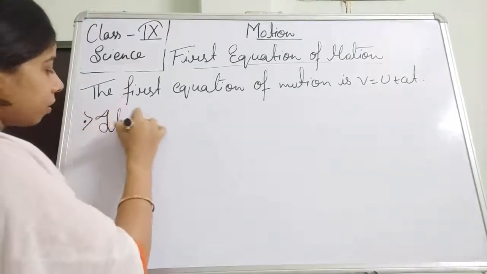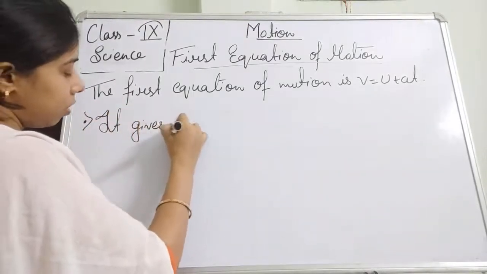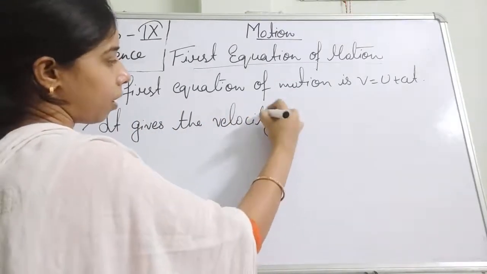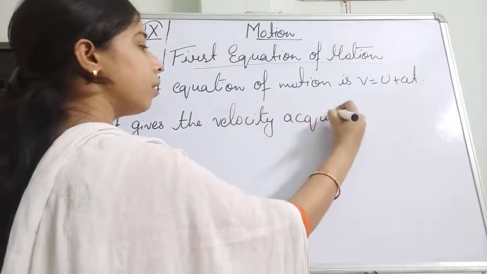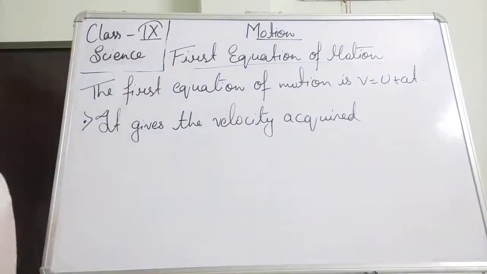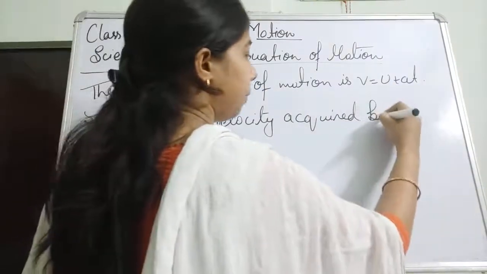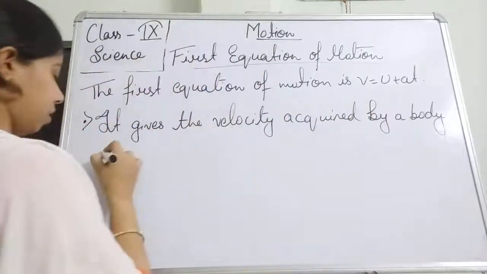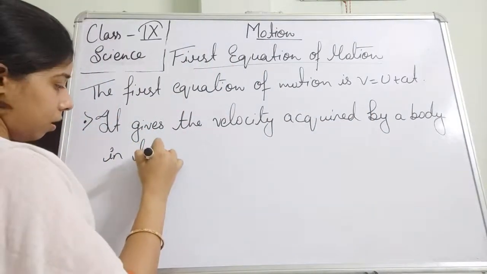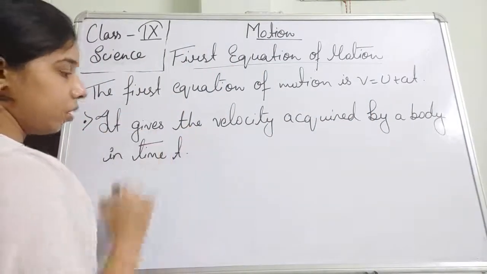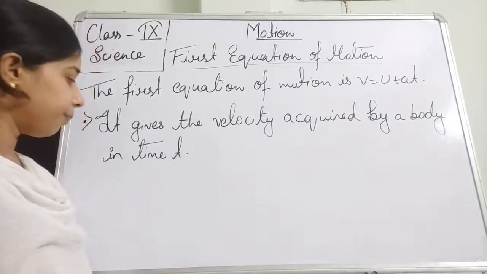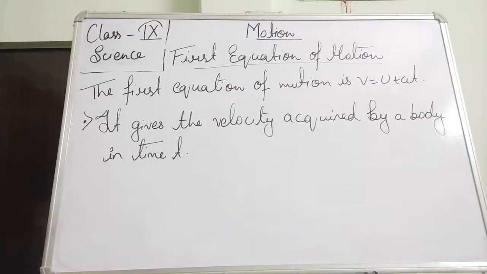It gives the velocity acquired by a body in time t. It gives the velocity acquired by the body in time t.